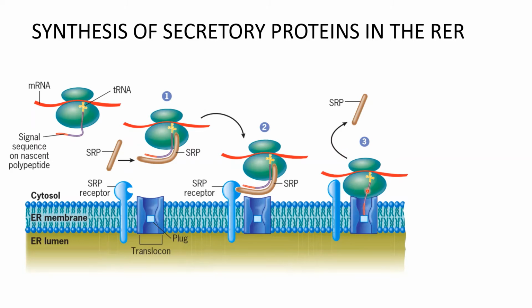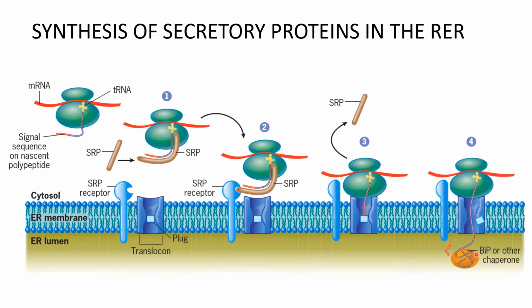The ribosome is depositing the newly formed polypeptide, and inside, there's also a chaperone protein waiting. Right then and there, the polypeptide is folded into its secondary, tertiary, and perhaps even quaternary structure as it enters the translocon in the rough ER.